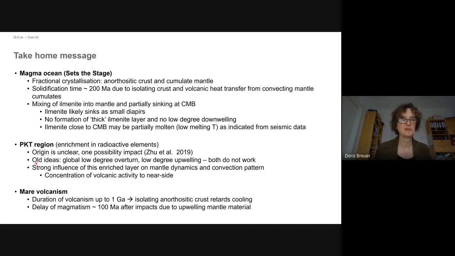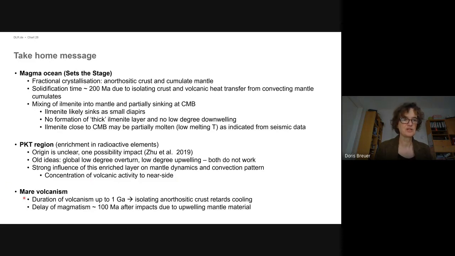So the old ideas, low-degree overturn or upwelling, both do not work. But there's a strong influence of this enriched layer on the mantle dynamics and convection pattern, also for the volcanic activity, which could also explain why we don't see strong volcanic activity at the South Pole-Aitken basin.